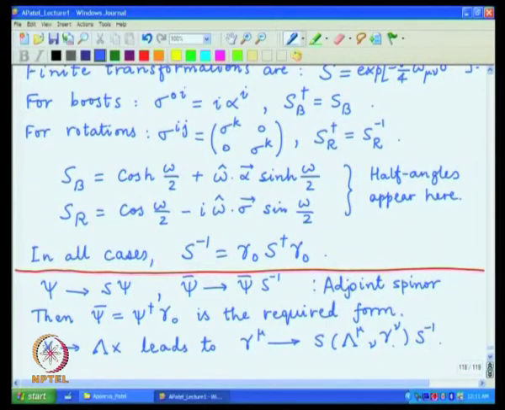The lambda gamma basically performs the transformation on the vector index, and S and S inverse on either side perform the transformations on the two spinor indices that each gamma matrix has. So, now all this machinery for psi as well as gamma allows us to create lots of different invariant quantities.